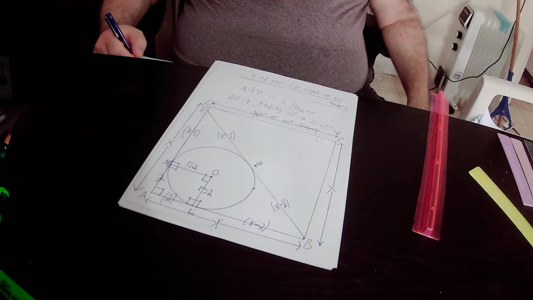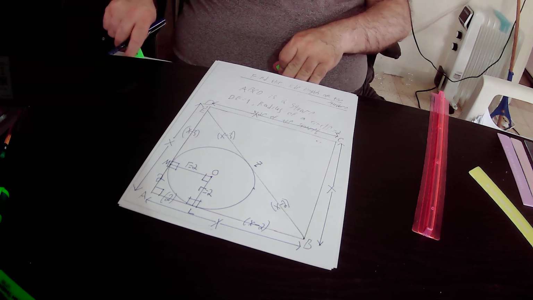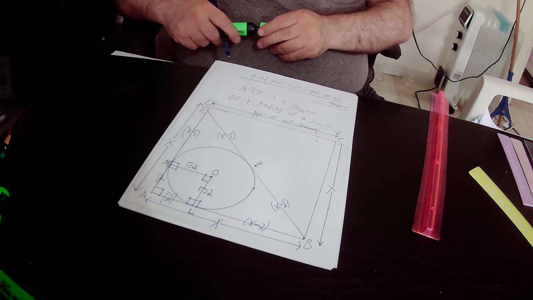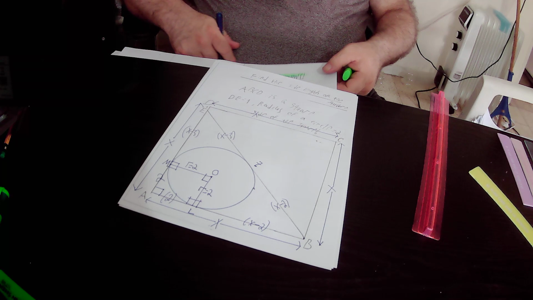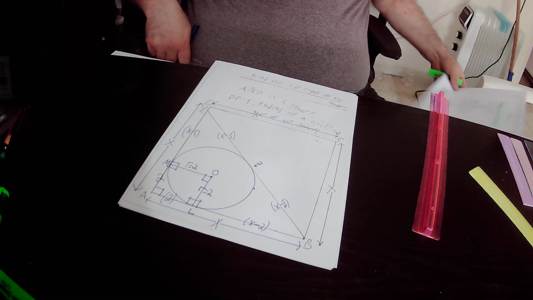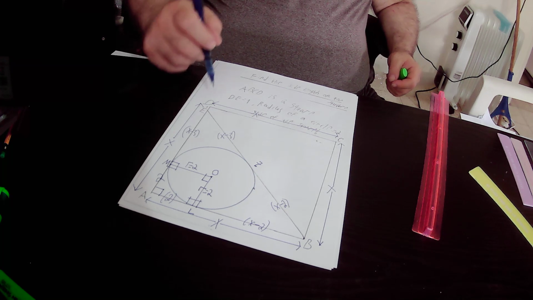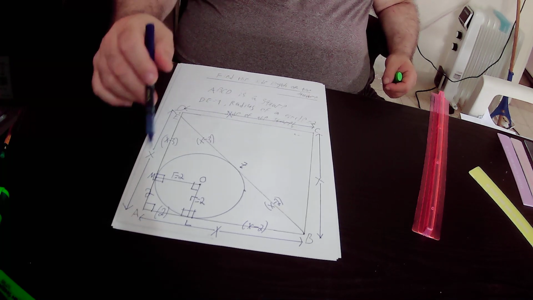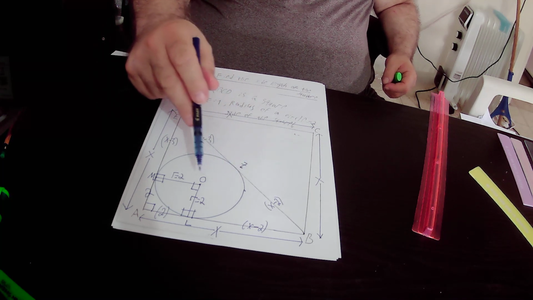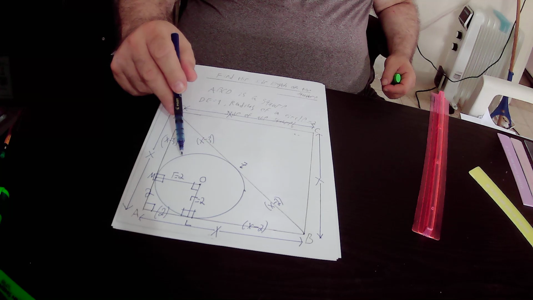So in conclusion, EA equals X minus 1. In the next step, I will copy triangle EAB in a new page, and we will implement the Pythagoras theorem on this right triangle, triangle EAB.